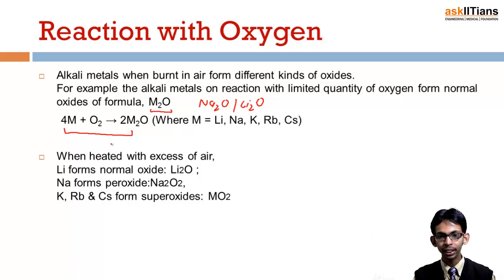Now when heated in excess of air, there are three possibilities. First is formation of normal oxide, in which oxygen is in 2- form. Second possibility is formation of peroxide, and the third possibility is formation of superoxide. So when heated in excess of air, lithium forms normal oxide. It does not form peroxide or superoxide. Sodium forms peroxide, while the rest of the elements lower in the group form superoxides.